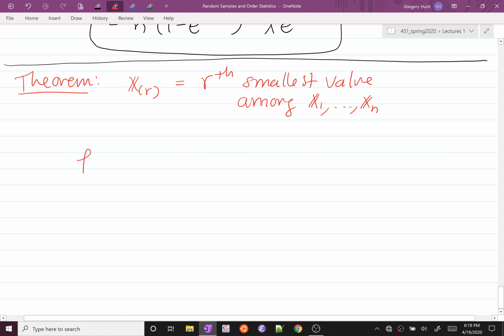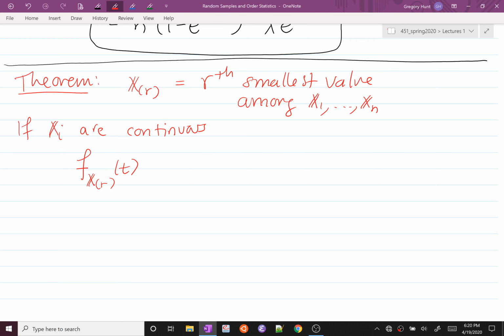In this case, the PDF, so if the X sub i are continuous, we can get a nice closed form for the PDF of the rth order statistic. The formula is n factorial over (r minus 1) factorial times (n minus r) factorial.